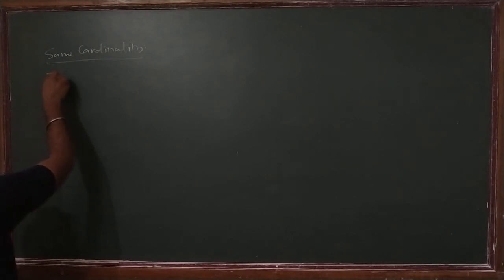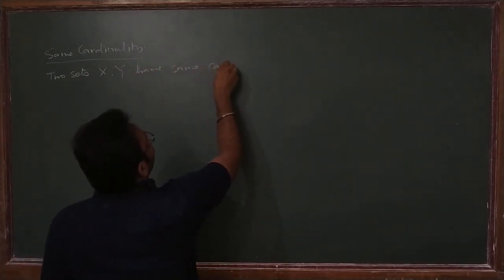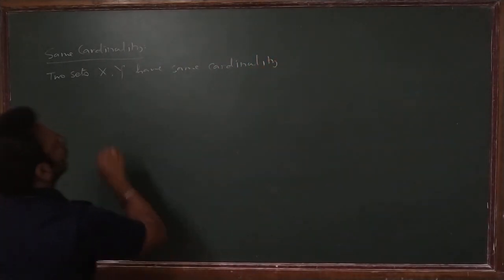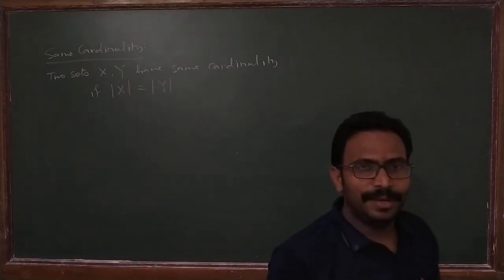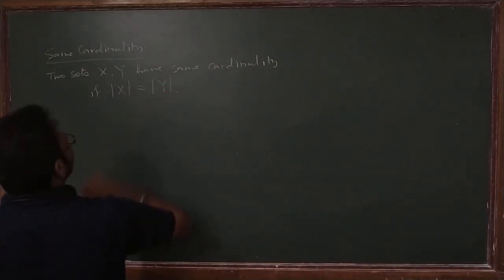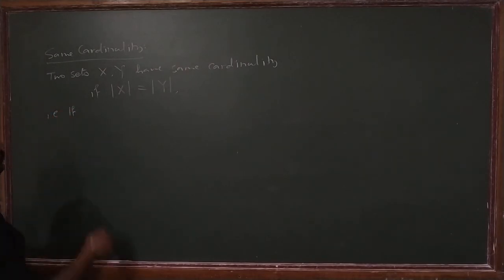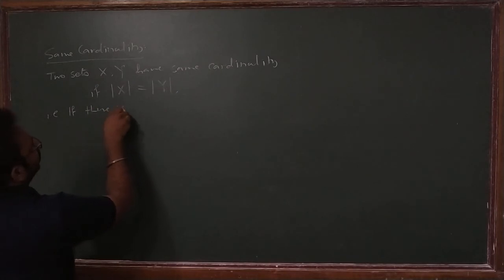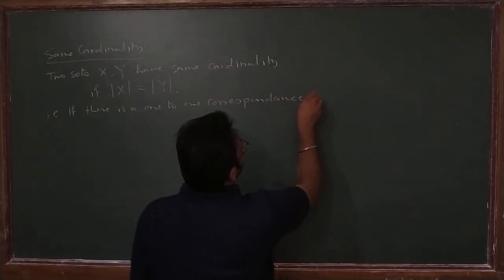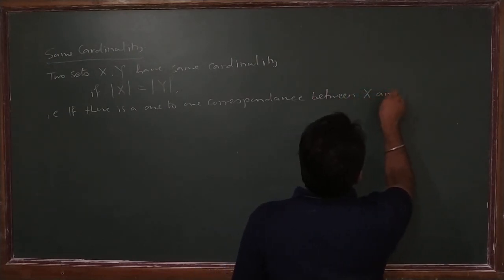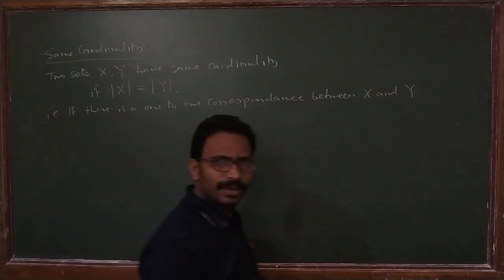Two sets X, Y have the same cardinality if the number of elements in X is the same as the number of elements in Y. In another way, we can say that is, if there is a one-to-one correspondence between X and Y. One-to-one correspondence between X and Y means a one-to-one and onto map.